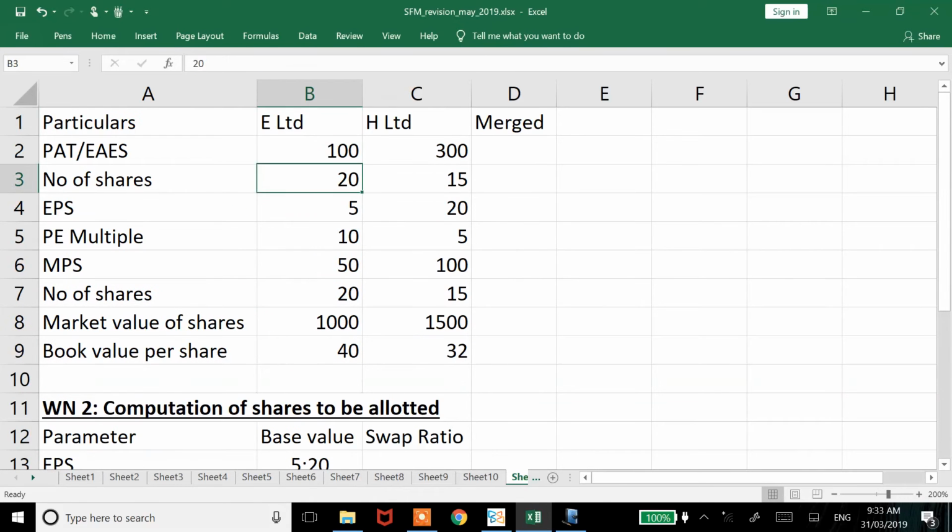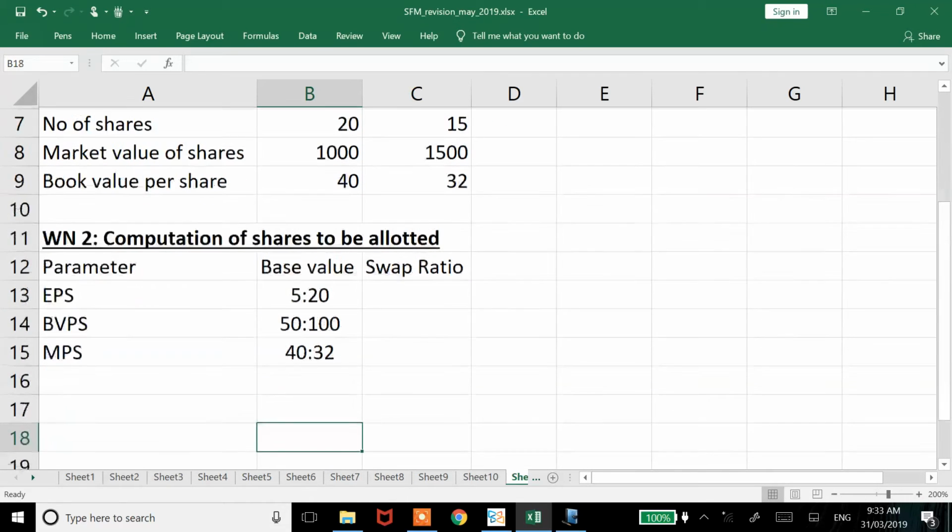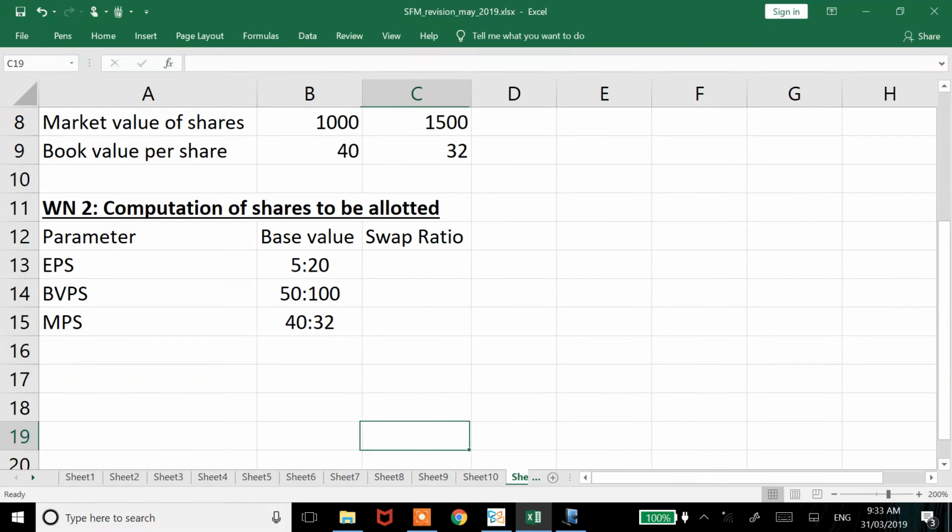Whatever base values you see here, 5:20, 50:100, 40:32, what we do is we just swap them. That is what is called a swap ratio. The swap numbers are 20:5, 100:50, and 32:40. This will be the exchange ratio.